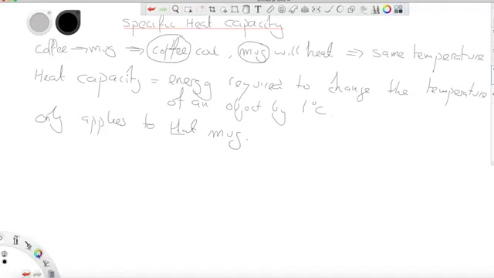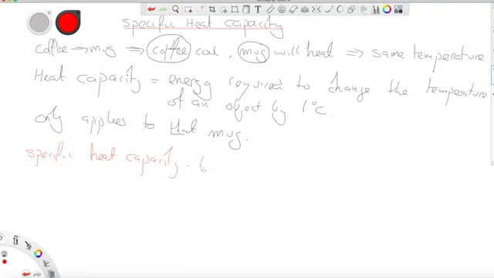So rather than talking about heat capacity of an object, it's more useful to talk about the specific heat capacity of a material. And the specific bit means 1 kilogram.